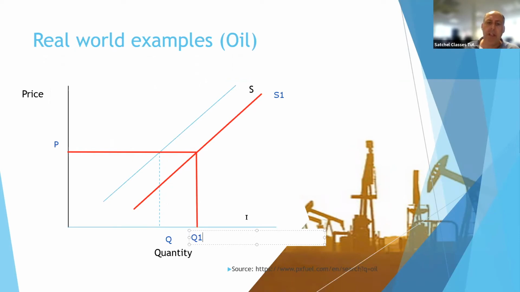For example, in the US, oil prices have shifted because they found new ways of extracting oil from shale. I know it's controversial in this country, but they've extracted oil and gas from shale, and so they've actually been able to shift supply across to the right. So that's oil.